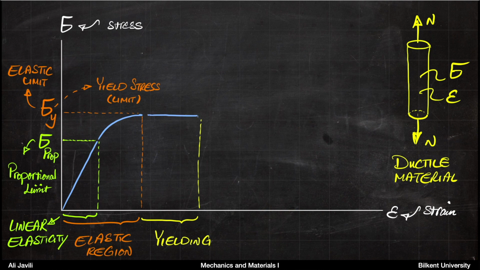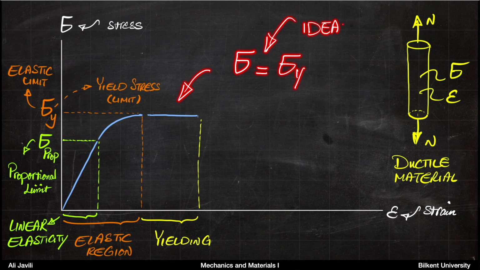Okay, after that, we have this region that we call yielding. Interestingly enough, in this yielding region, stress is equal to sigma y, and that is ideally, and as we will talk about shortly, this is what we call perfect plasticity.